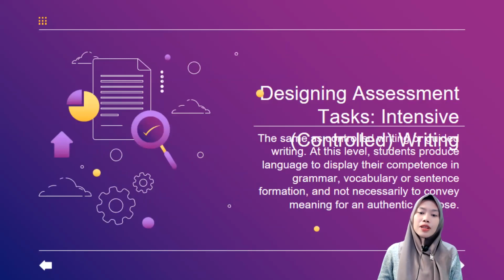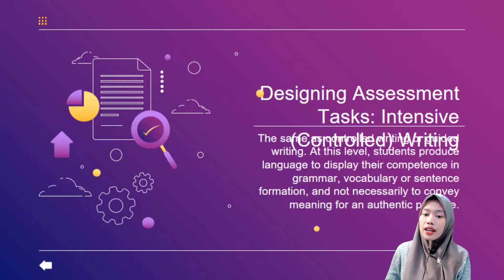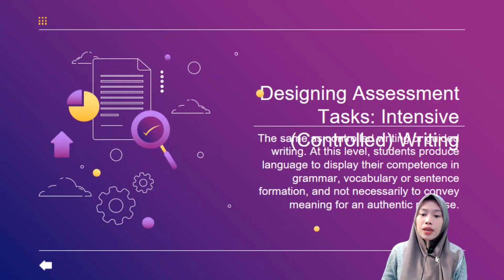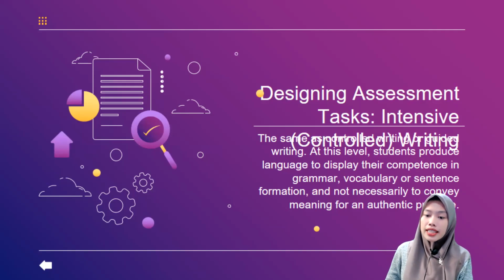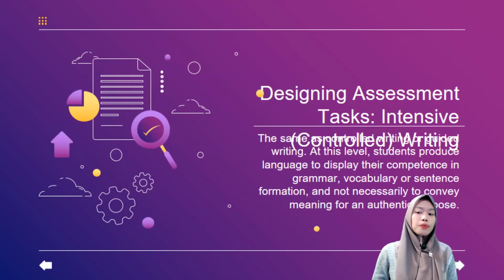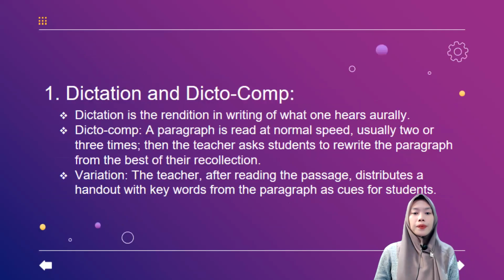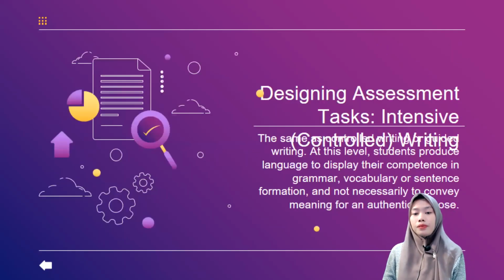Okay, designing assessment tasks for intensive writing includes displaying competence in grammar, vocabulary, or sentence formation, and not necessarily conveying meaning for an authentic purpose. And then these are the activities for intensive writing.